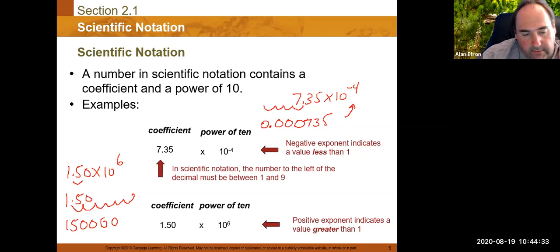We'll talk about this in just a second: this actually would not be correct in terms of significant figures, but that would be the decimal form it would come out to. So negative exponent, smaller number; positive exponent, larger number.